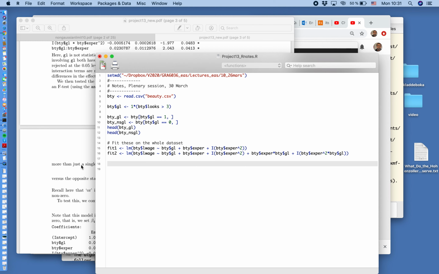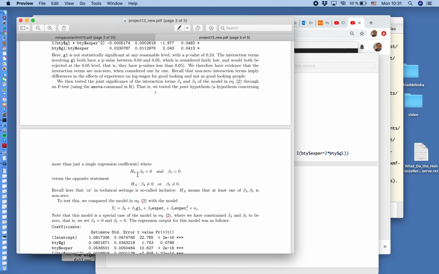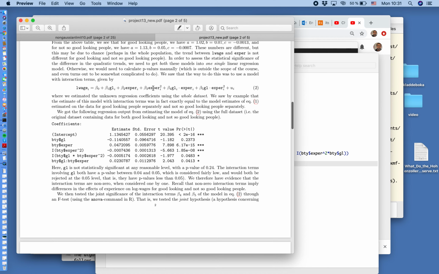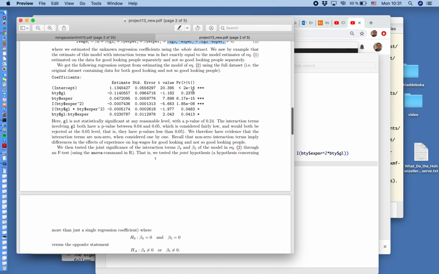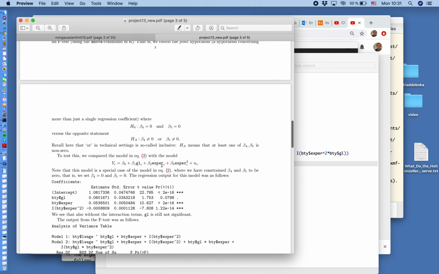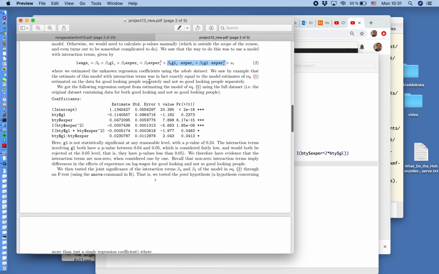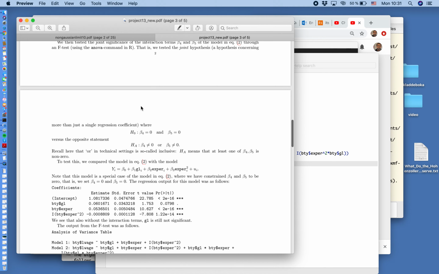Then we are to use an F-test to test this hypothesis: beta 4 equals 0 and beta 5 equal to 0. Which means that if you set beta 4 and beta 5 equal to 0, these two terms disappear and you get this model. So we are basically testing whether we need a more complicated model, or the null hypothesis is, well, the simple model is okay.